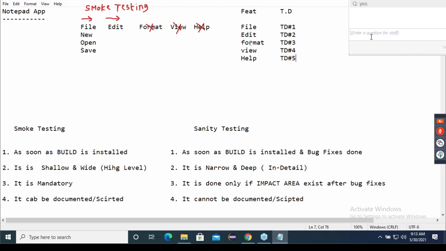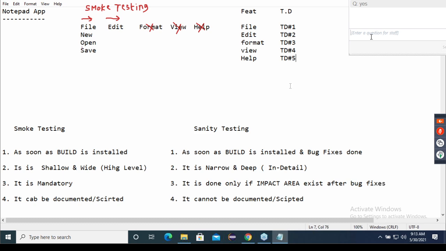But suppose I left the company today. Tomorrow a new test engineer came. If I ask him to do the smoke testing, hey, go do smoke testing, can he do it? A new person came. Can he do it? No. Why not? Correct, he can't do it. But the documents are also ready.